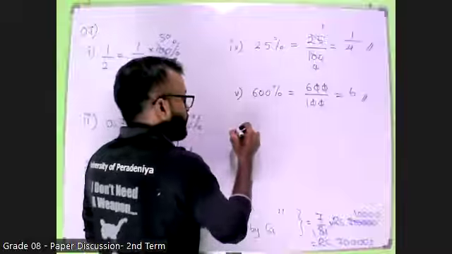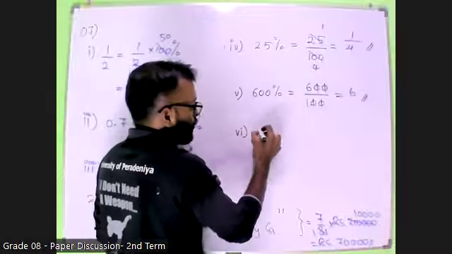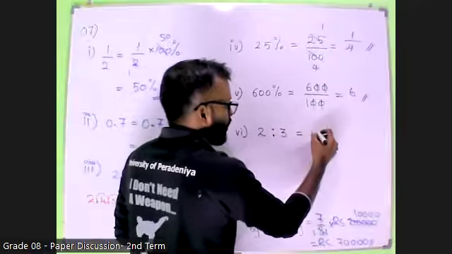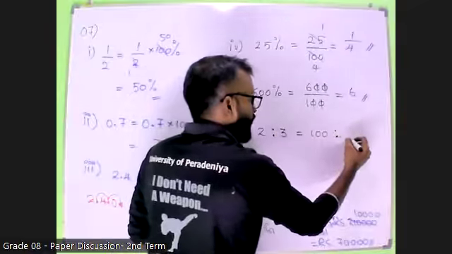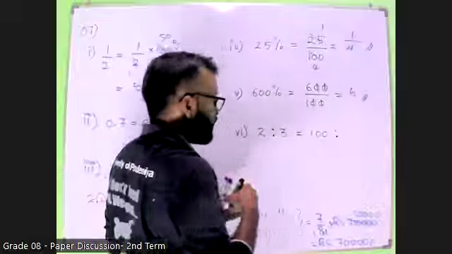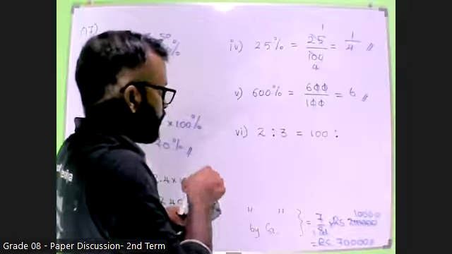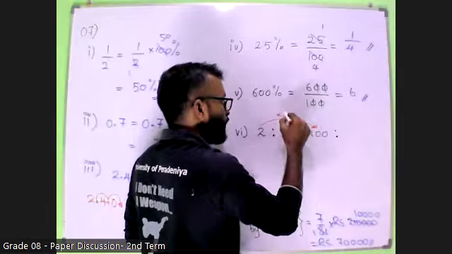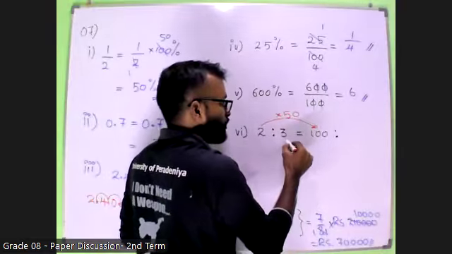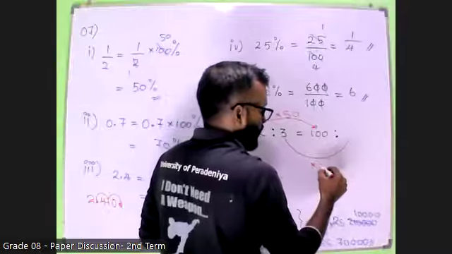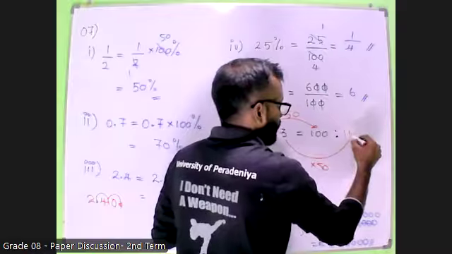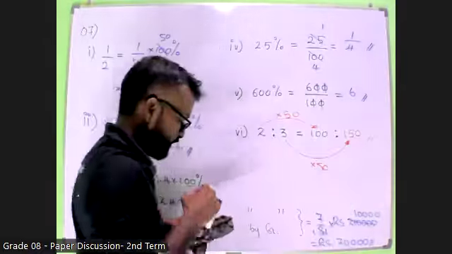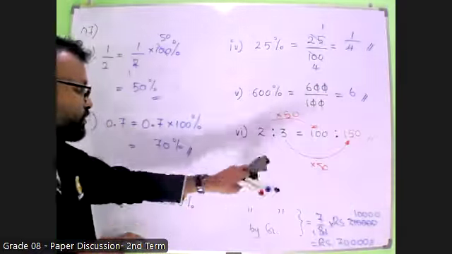Then a ratio, 2 to 3 equals 100 to blank. You should fill the blank. Now 2 becomes 100. How? Multiply by 50. So 3 should be multiplied by 50 as well. 150. So this is your answer.